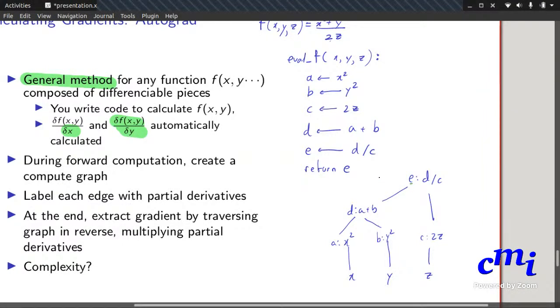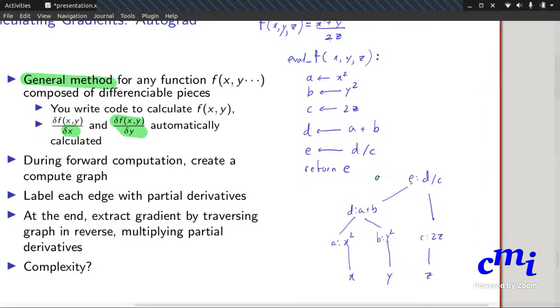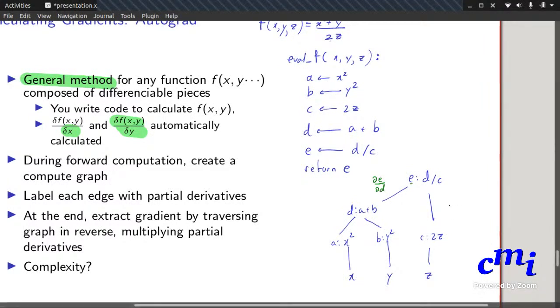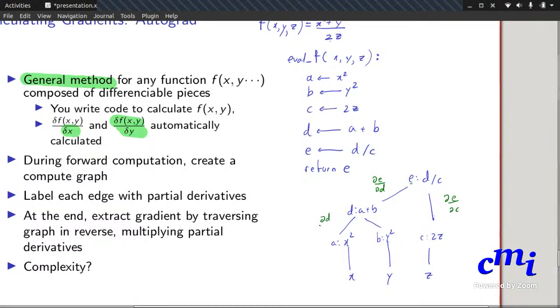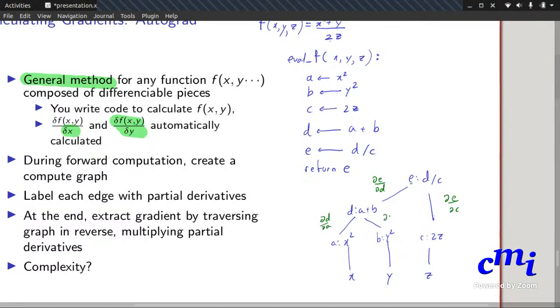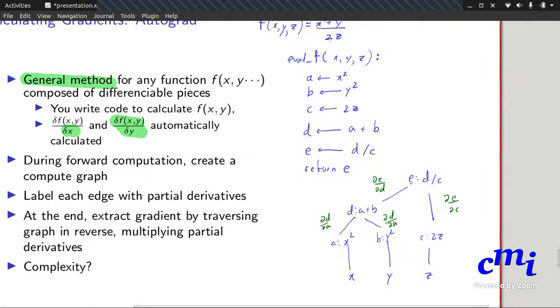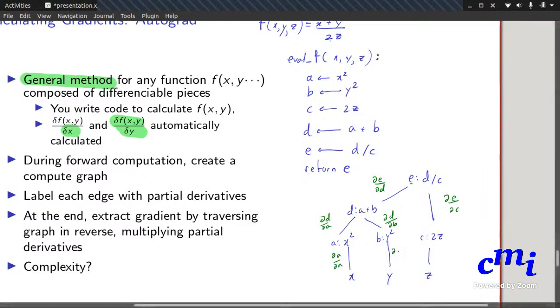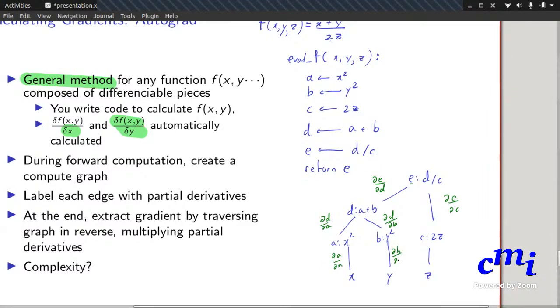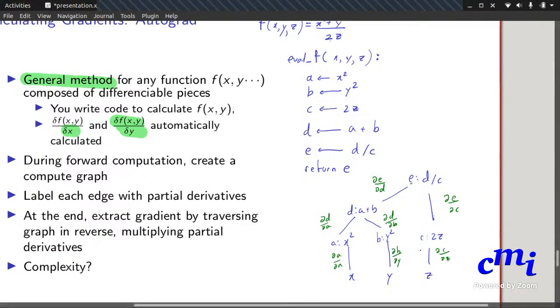So I can talk about values like delta e, delta d, delta e, delta c. Similarly, I can talk about delta d, delta a, delta d, delta b. Then I can talk about delta a, delta x, delta b, delta y, delta c, delta z.